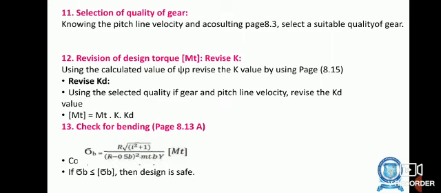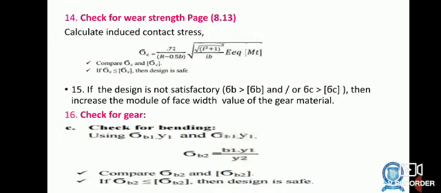PSG data book page number 8.13a has a formula for checking bending stress; utilize this formula and find out the stress. Then step 14, check for wear strength. Page number 8.13 has a formula, and from the formula we can calculate the induced contact stress.